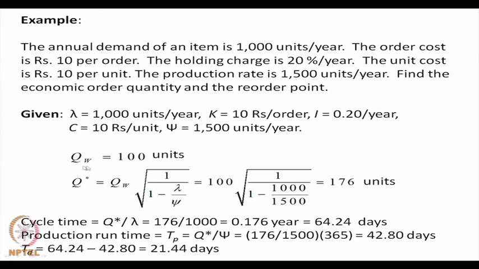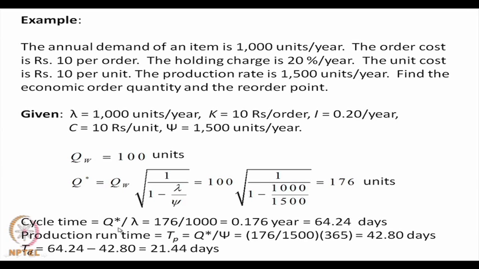So, Wilson's lot size is nothing but 100 and Q star is nothing but Q W into this factor, that is 100 multiplied by this, that comes to 176 units. That means, we should order for 1076 units, and from there we can determine the cycle time, which is the total quantity consumed in that time.